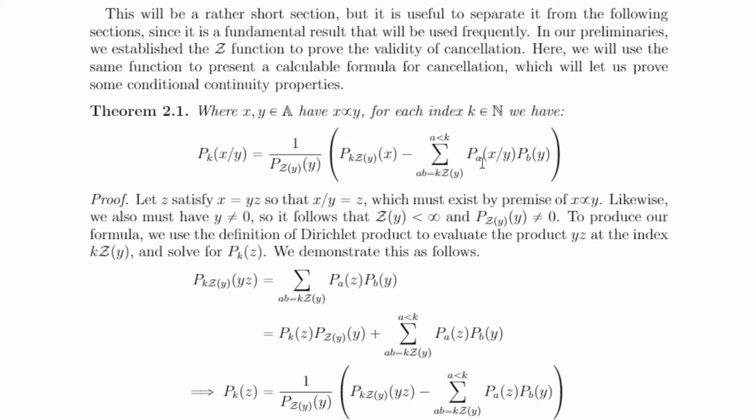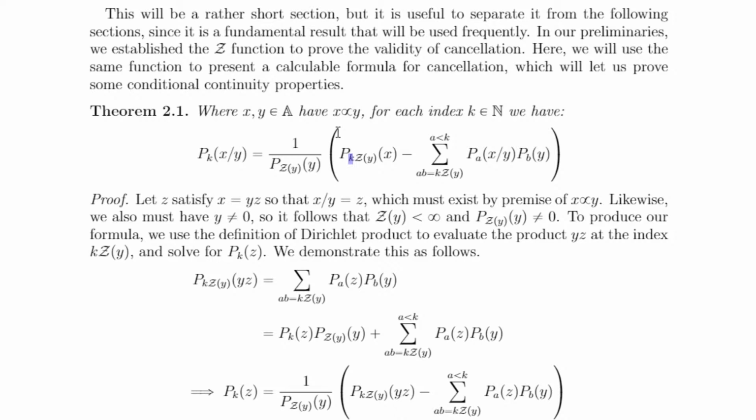The way that we squirreled that away is, if you're doing normal cancellation, you'd assume x is 1, the unit, and y is the thing that you're dividing by, so you would assume that z of y is 1.